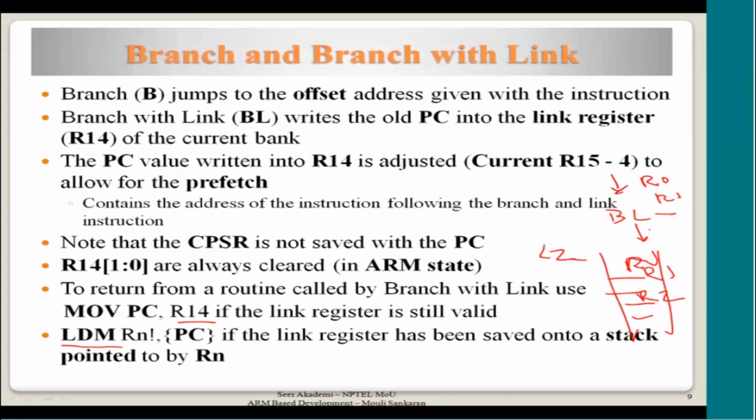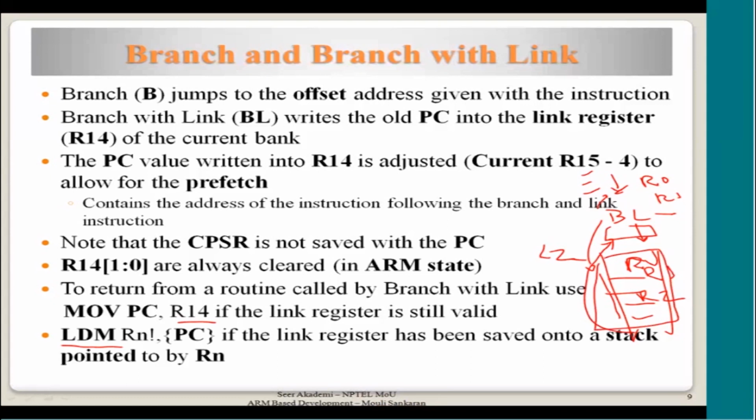Now, if the control comes here and modifies some of these registers, and then you come back by executing either the move or the LDM instruction, will you have the values which were there before? You will not, because you modified them in the subroutine. Suppose you are calling a function which uses some registers.